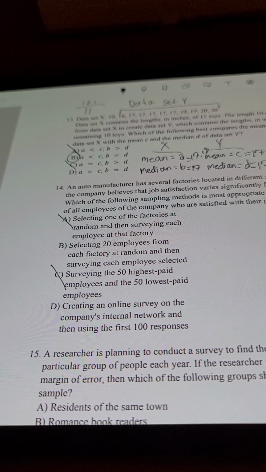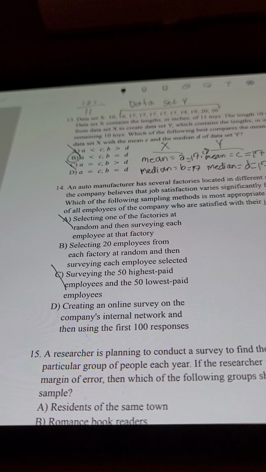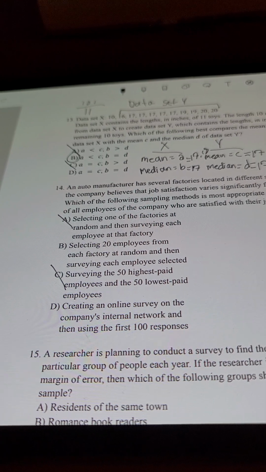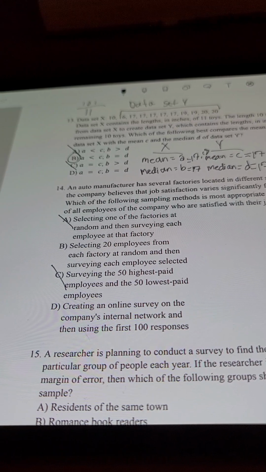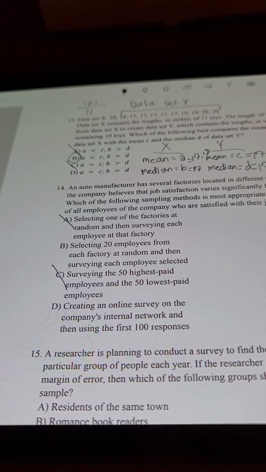You don't know what's going to lead people to fill out the survey, what type of people you're going to get, and if that's representative of the general population, because that's not really random. There's going to be a lot of things that can go wrong there. So the answer is B for sure.